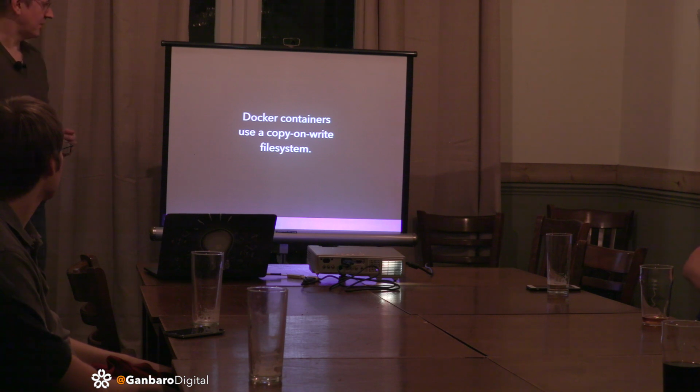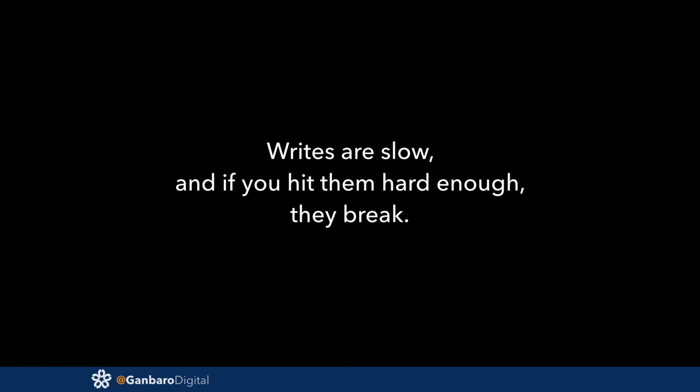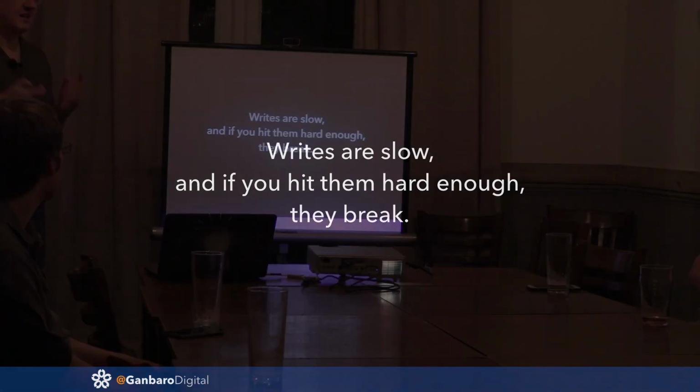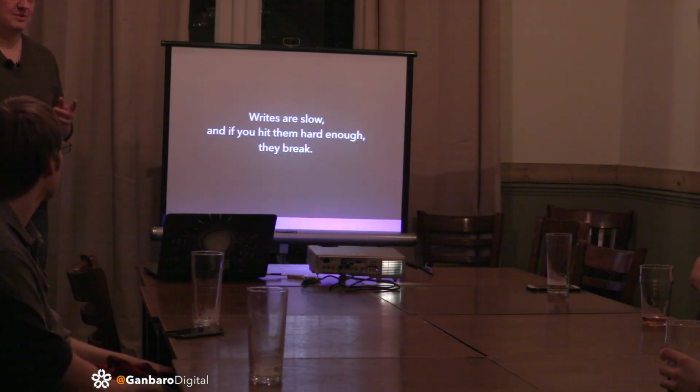Now, the thing with copy on write file systems is they're not as mature as the file system that's touching your SSD or your spinning rust by any means. They are slow, and if you've got an app that's doing a lot of writes to that file system, you will crash. You'll crash a container, and I have crashed my host computer on more than one occasion with it.